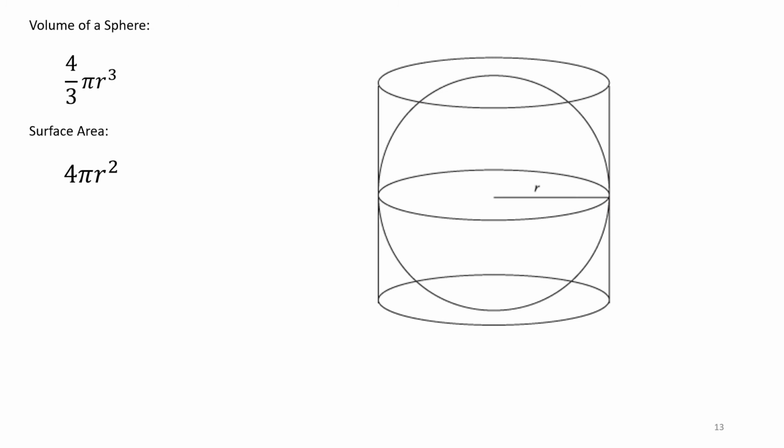Volume of a sphere is this. 4/3 pi r to the third. It's important to remember this third. And an easier way to remember, because these two formulas are very similar, the volume is in cubic units, right? You know, like milliliters, stuff like that.